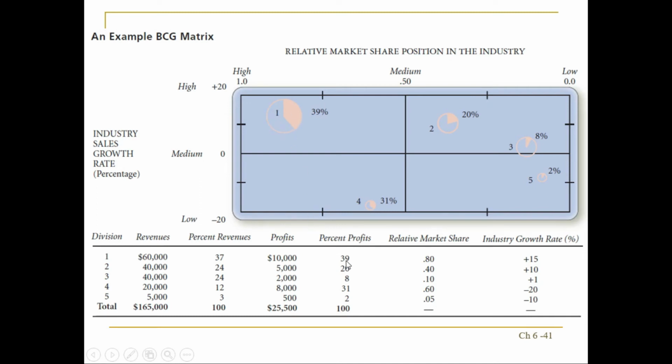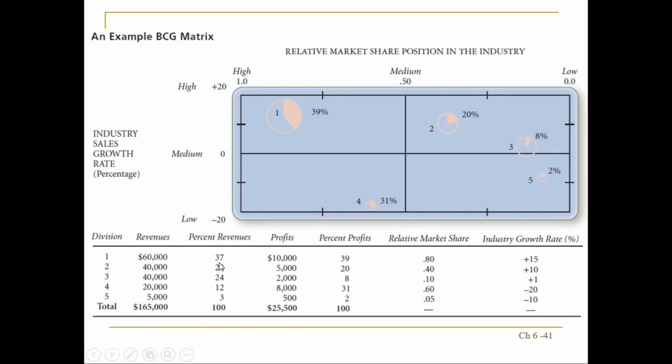So you can see 39%, 20%, 8%, 31%, and 2%. According to these figures, the size of that particular circle is evaluated. So 39% with this profit circle, and this pink color is showing the percent revenues.